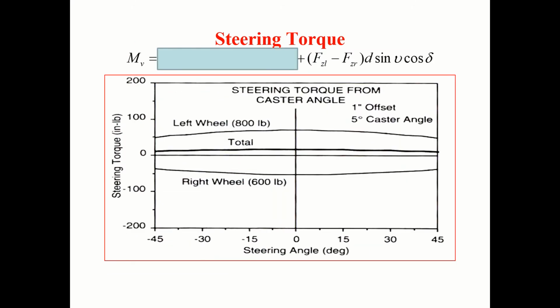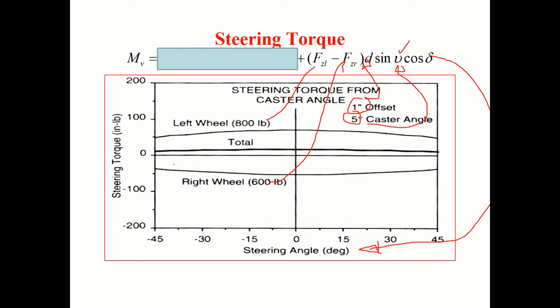In the same way for the second part, vertical loads again, with caster angle. Delta values are varied here. So a 5 degree caster angle is here, D is 1 inch, left is 800 pounds, and right is 600 pounds. So for individual wheels we can calculate the steering torque, and we can find out the combined total steering torque.